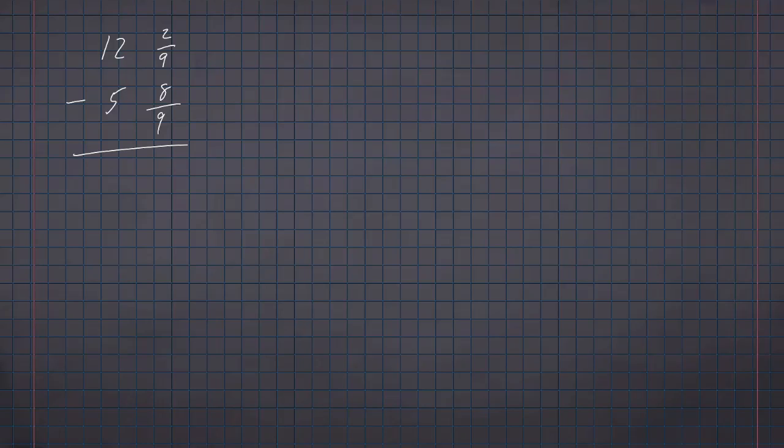Again, if we could subtract the fractional part, 2/9 minus 8/9, because 2 is smaller than 8, if we did that subtraction, we would end up with a negative number. And we don't want to end up with a negative number. So instead, we need to do something different. And that's why we borrow. So we borrow 1 from 12, which takes it down to 11. And then we get, instead of just the fraction, the mixed number, 1 2/9.